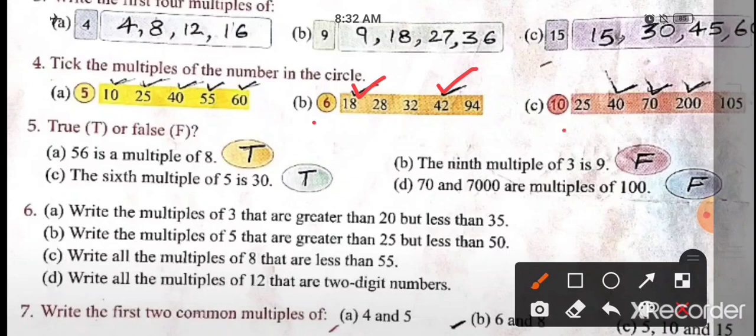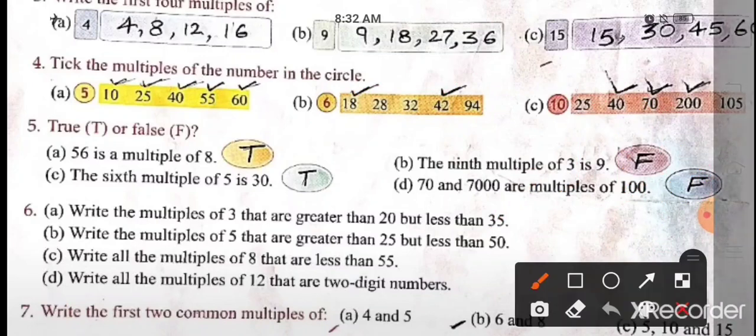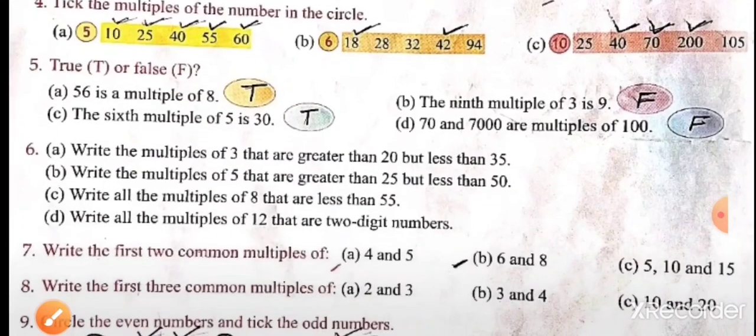And then 94, check 94. 6 ones are 6, then 6 fifteens would be 90, and 34 does not come in the table of 6. So 94 is not a multiple of 6. Okay. Now the multiples of 10: 40, 70 and 200. Okay. So take these numbers.